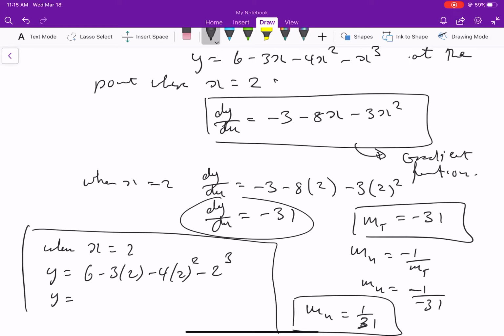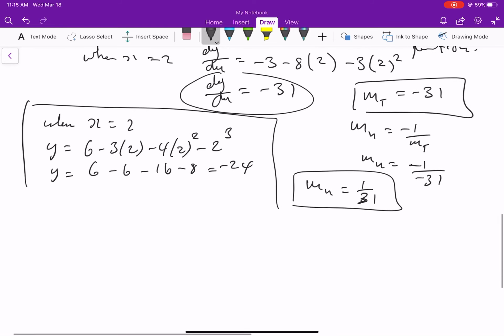Try not to make a mistake here. So this looks like 6 minus 6, and the rest looks like 2 2's 4, minus 16 and minus 8. The numbers are big, but that doesn't change the concept. Minus 16 and 8 and minus 8, that's minus 24.